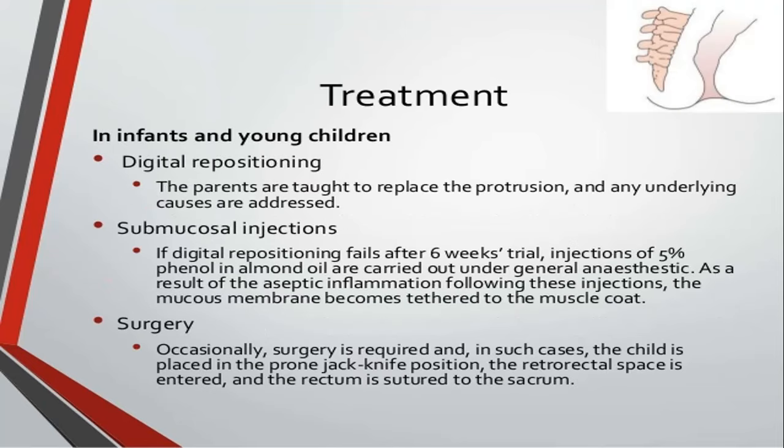In digital repositioning, the parents are taught to replace the protrusion and any underlying causes are addressed. If a child is malnourished, you can give him good nutrition. You ask them to feed very well, and to reposition the mucosa to the inner side.